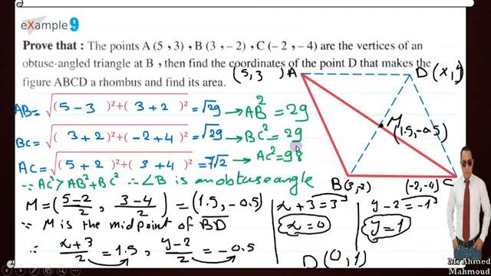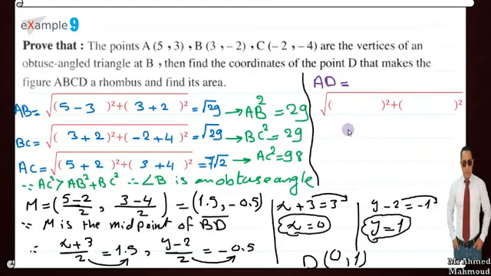So I need to find the length of the diagonal BD. Then the area equals half BD times AC. Okay, now as I said, I have the diagonal AC. Now I need to find the diagonal BD.